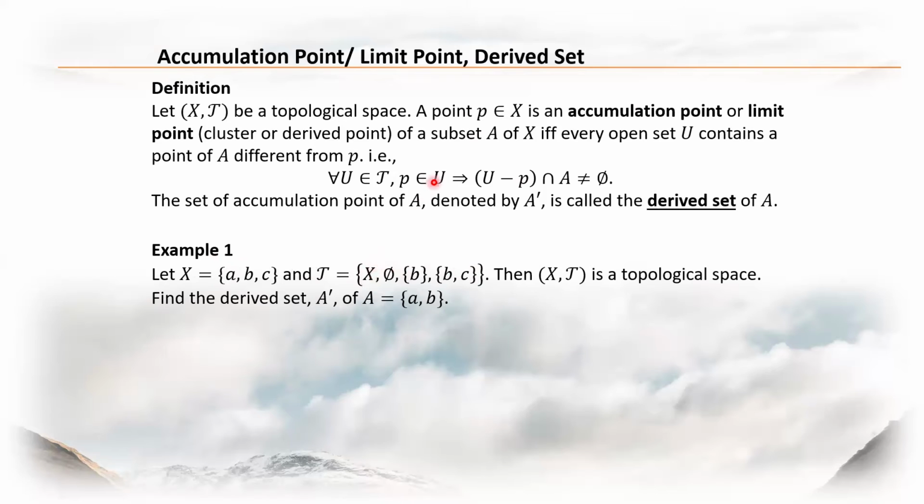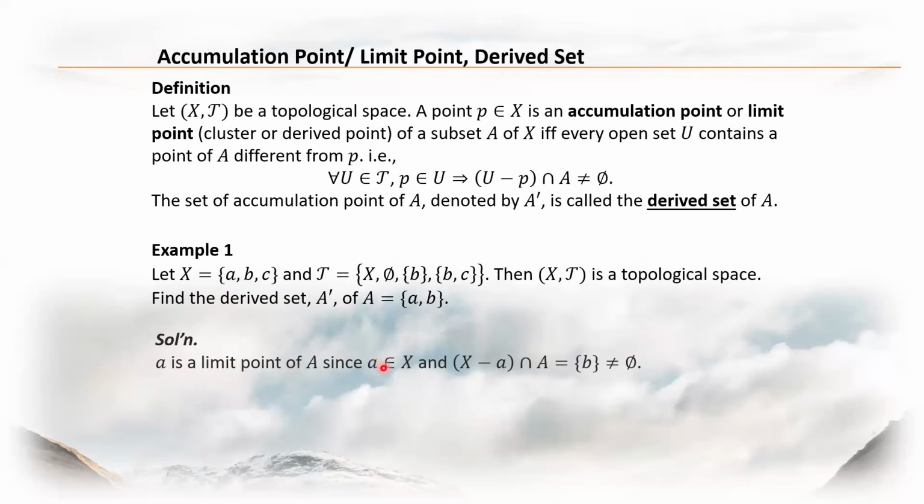So that means that you only verify this property when the open set, meaning the set belonging to tau, contains the point. And this is described here as follows. So a is a limit point of A. Why?